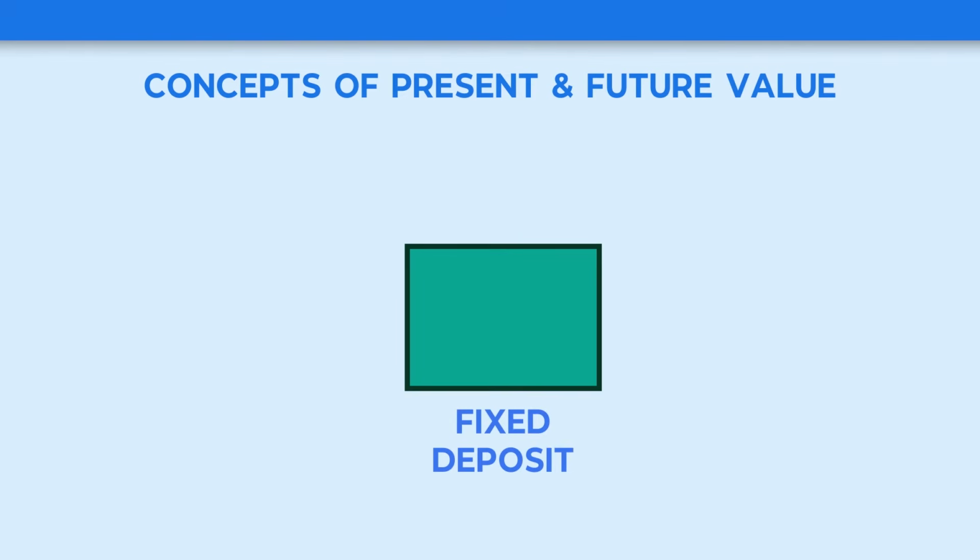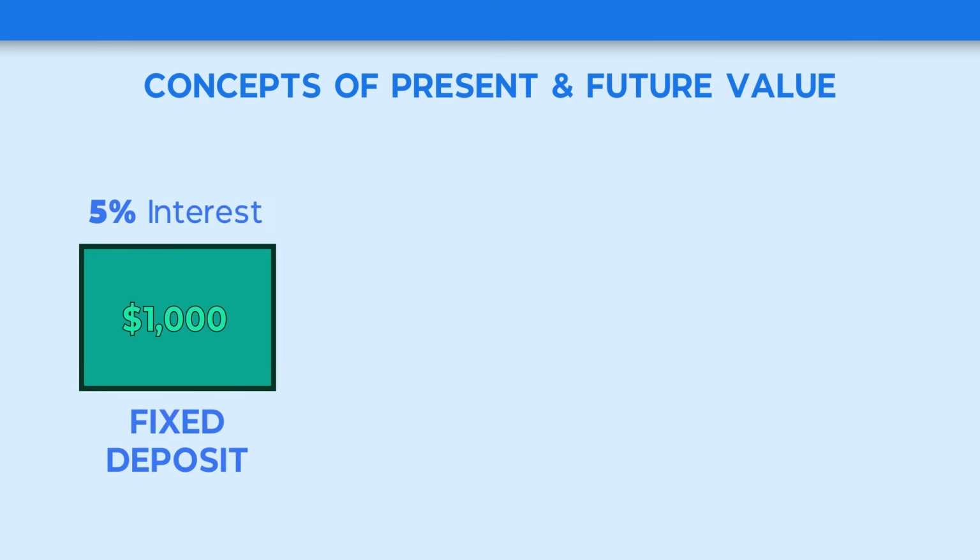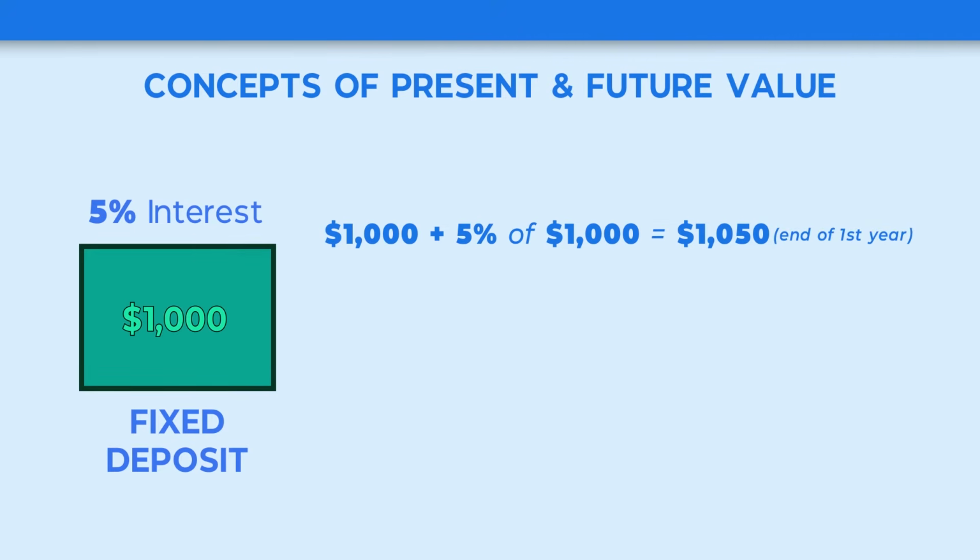Let's say you put $1,000 in a fixed deposit with 5% being the interest rate. So after 1 year, what will be the $1,000? It will become 1,000 plus 5% of $1,000, which means it will become $1,050. That is 5% added to the $1,000 after the end of first year.